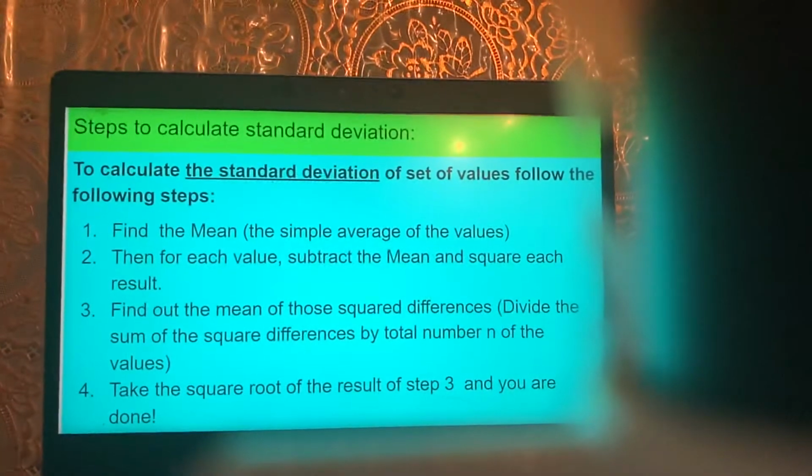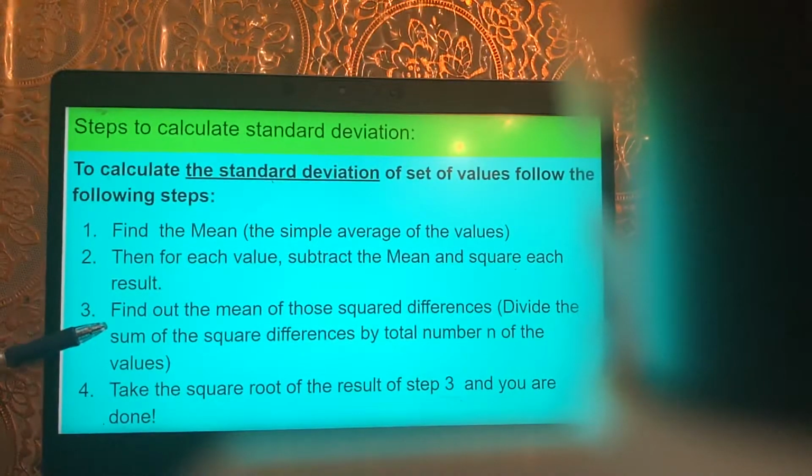Okay, steps to calculate standard deviation. To calculate the standard deviation of a set of values, first find the mean, the simple average of the values. Then for each value, subtract the mean and square each result. For each value, we subtract the mean from each value of the set, and then square each of them.